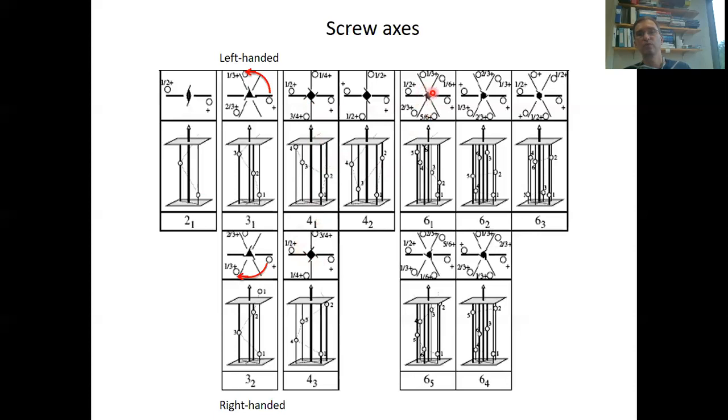So for the six-fold ones, we have 6 propeller blades for the 6-1 and the 6-5 respectively. For the 6-2 we have 3, and for the 6-3 there are 2.